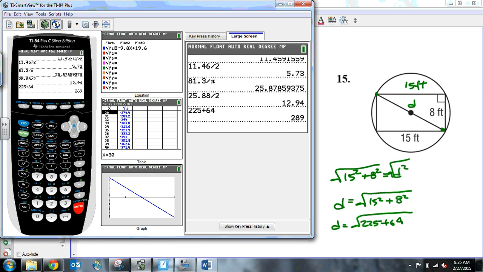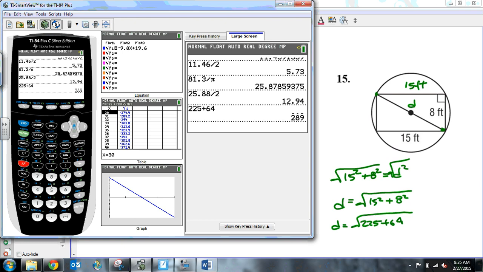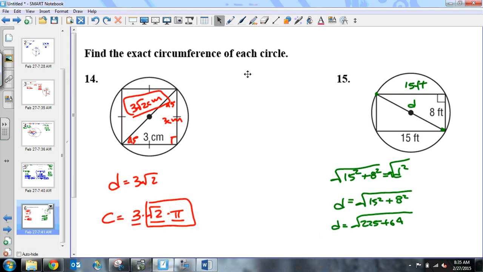Let's see if we can take the square root of that. So the square root of 289, I don't think we can. Oh, it's 17. Okay. So if we plug that into our calculator, we find out that the diameter is equal to 17 feet. Okay, which is pretty nice.